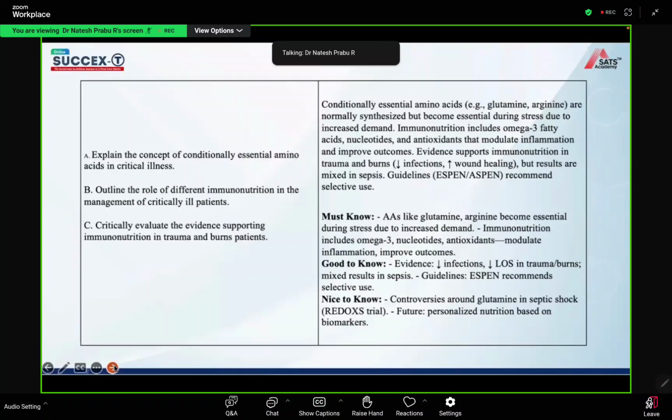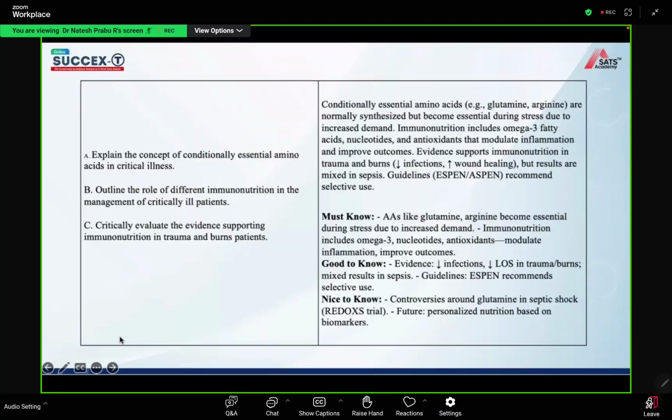Thank you, sir. See, nutrition is a very, very vast topic, and there is a very high scope of getting hard questions. Because nutrition starts from your pathophysiology to mechanisms to assessment and the way you give nutrition, complications, etc. It's quite a vast topic, and so many literatures are available.